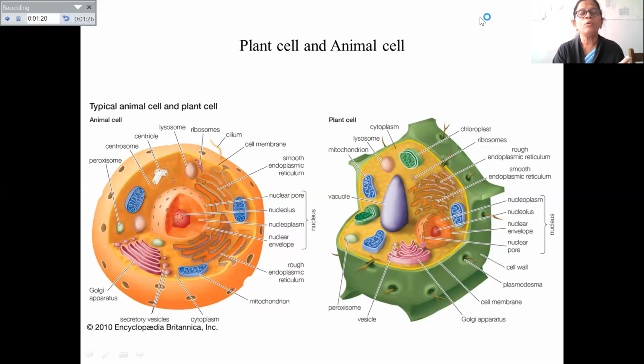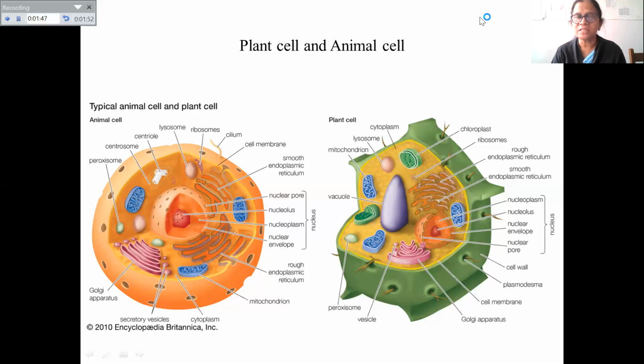Now again we are going to revise the differences between plant cell as well as animal cell. In plant cell, the cell wall is present. In animal cell, the cell wall is absent. Then large vacuoles are present in plant cell, and very small and temporary vacuoles are present in animal cell.